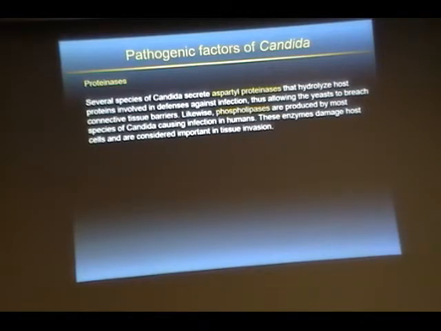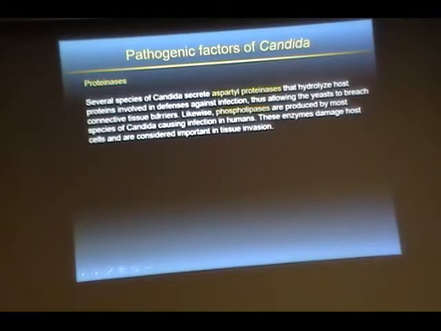So the other feature is the expression of proteinases. Proteinases are the enzymes or proteins that can cleave other proteins. So they have aspartyl proteinases that can hydrolyze proteins involved in host defenses.